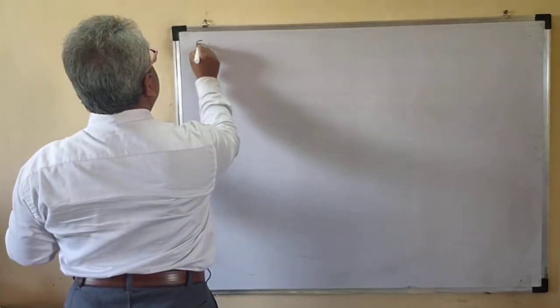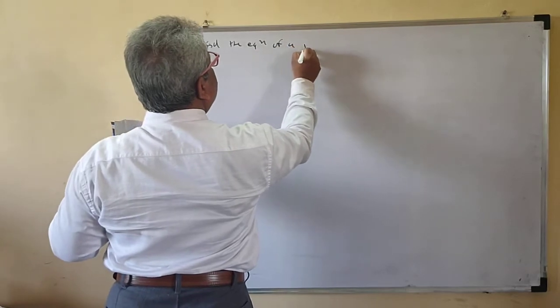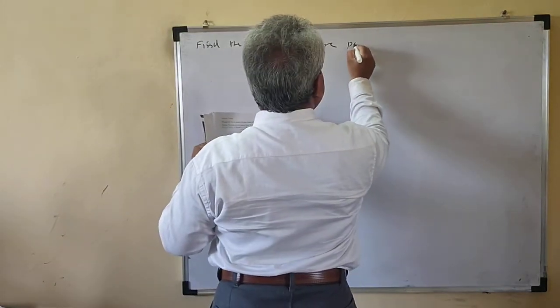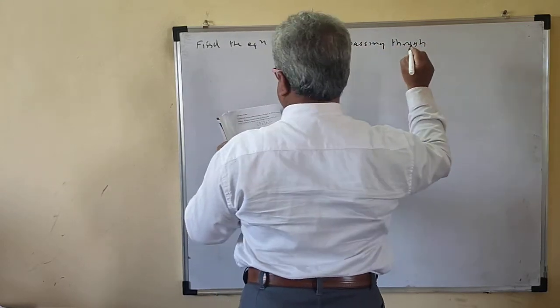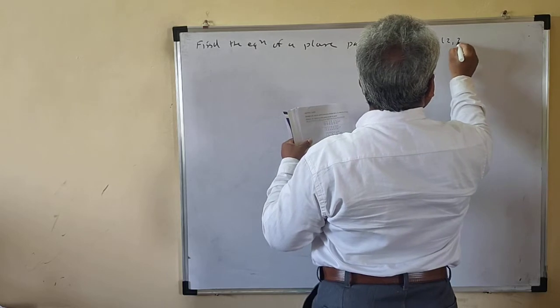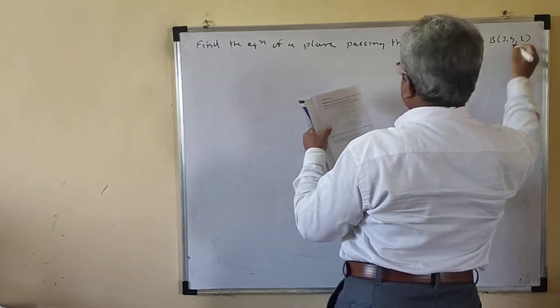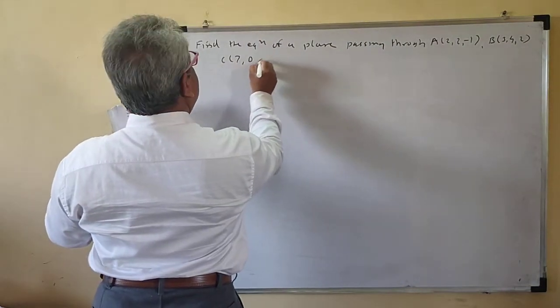Find the equation of a plane passing through A (2, 2, minus 1), B (3, 4, 2), C (7, 0, 6).